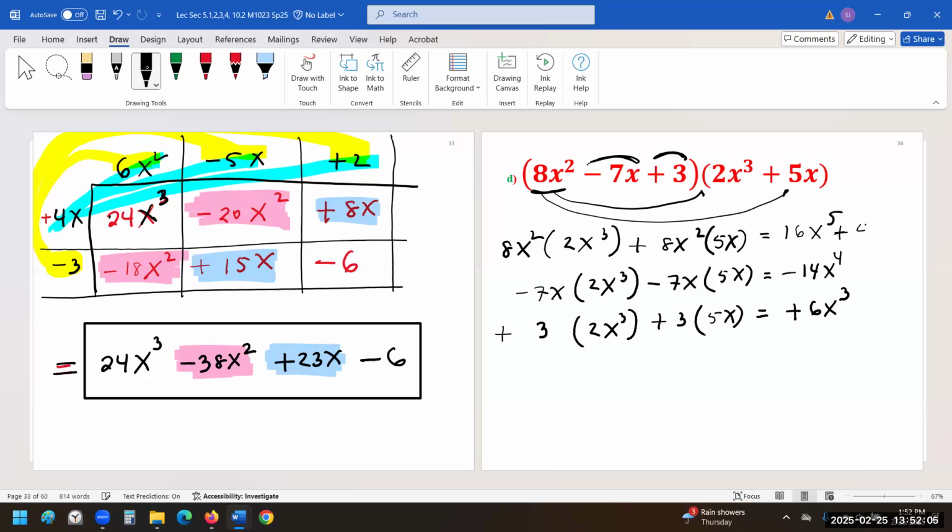Plus, right? Plus 40x cubed, minus 35x squared. 6? How did you get 6? It's 3 times 5x. 15x. Be careful.